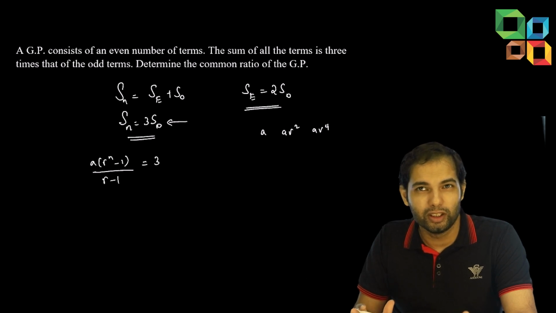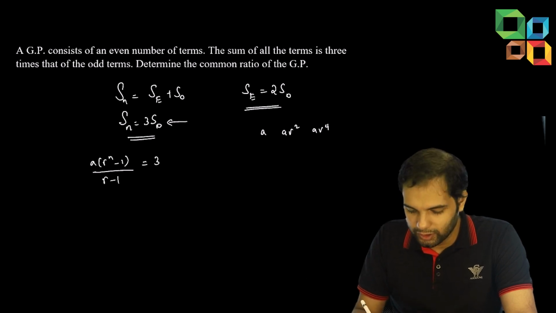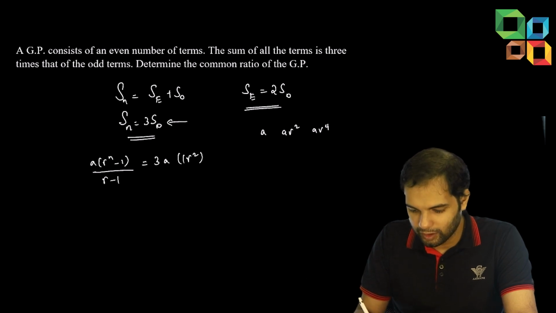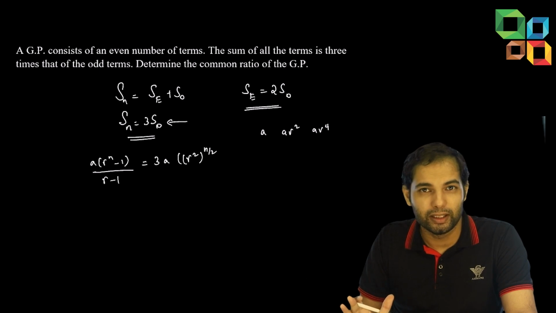Because we're not choosing all the n terms, the terms would be half. So a is nothing but a itself. Now r is r square instead of r, because we said the common ratio is r square, but the power is not n, instead it's n by 2 because there are n by 2 terms, not n terms. I hope it's clear.